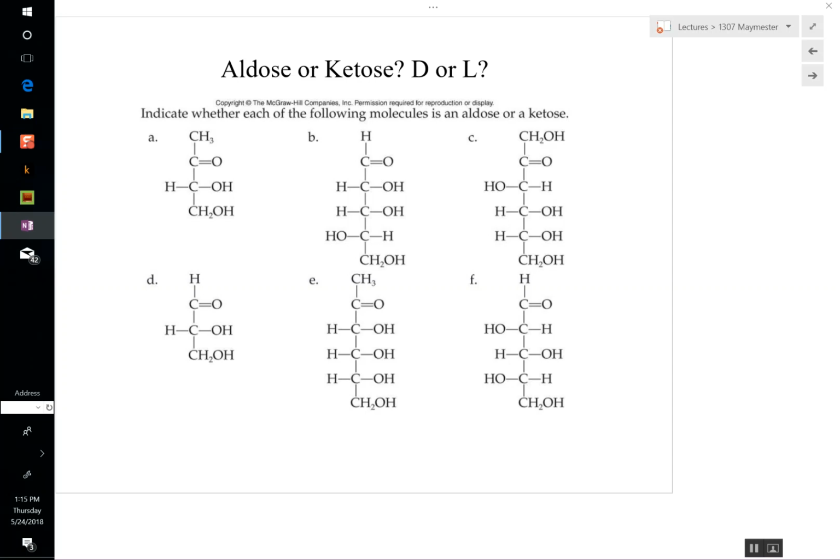This OH is on the right, so it is D. This one, D. This one is an L. All we're doing is focusing on this second carbon from the bottom.